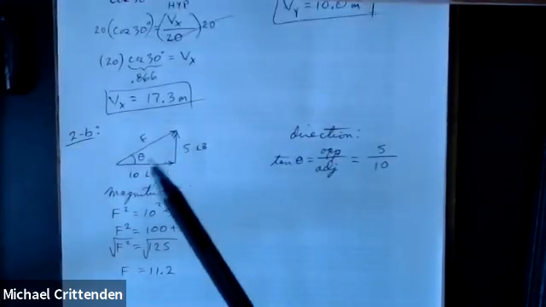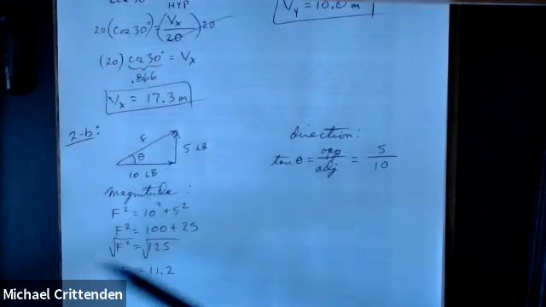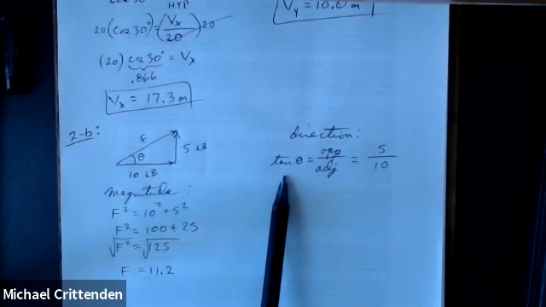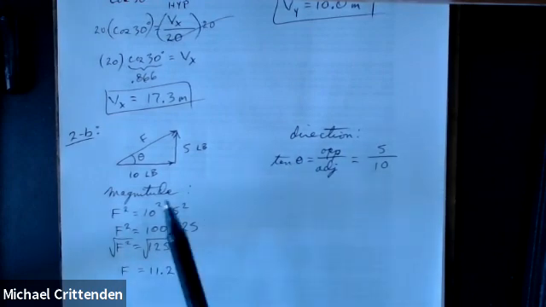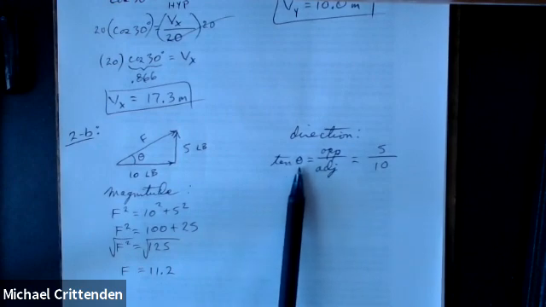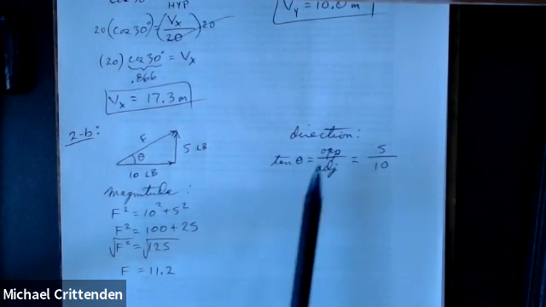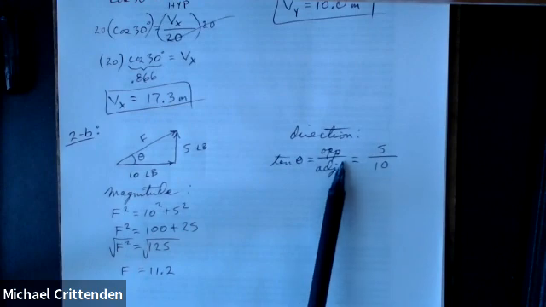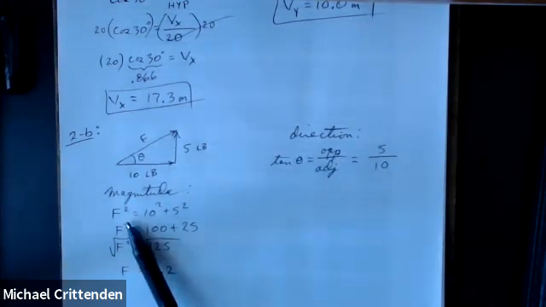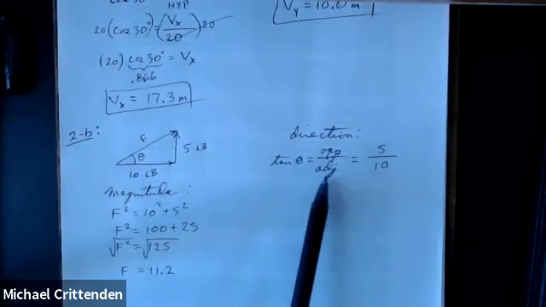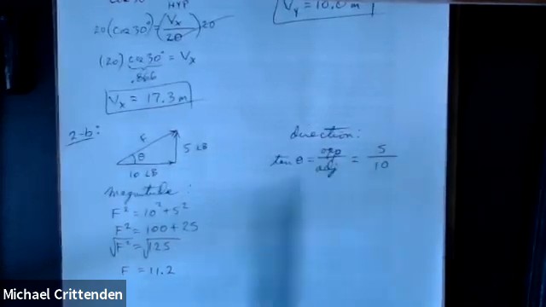Now, actually, now that I know the hypotenuse, I could have used any of the trig functions. I could have used sine, I could have used cosine. It wouldn't really make any difference. I'm just in the habit of using the tangent because if I happen to do the angle first, before I calculated the hypotenuse, this would have been the thing I had to use.